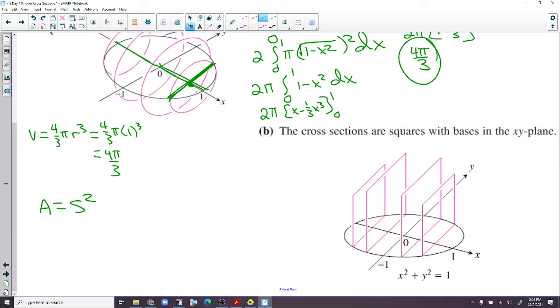Side squared to begin with, right? Side squared. Now we just need the side, which is 2 times circle what? Radius 1, if I remember right? Yeah, 1. 2 square root of 1 minus x squared, squared. So 4 times 1 minus x squared. And we could distribute the 4 through, but it doesn't matter.